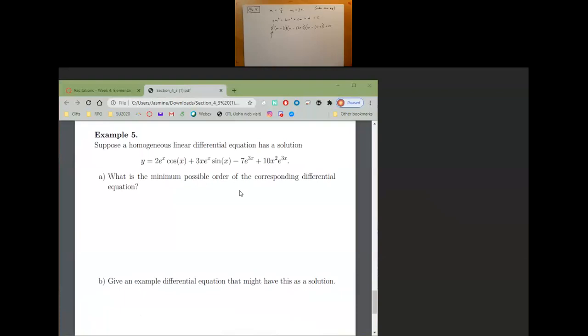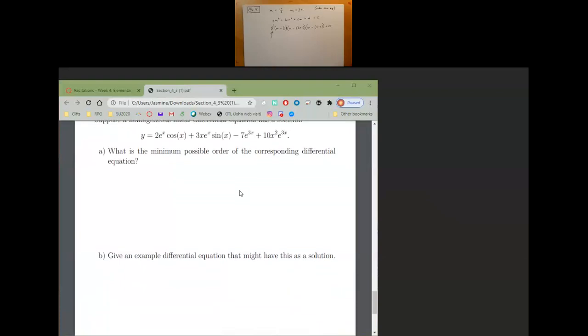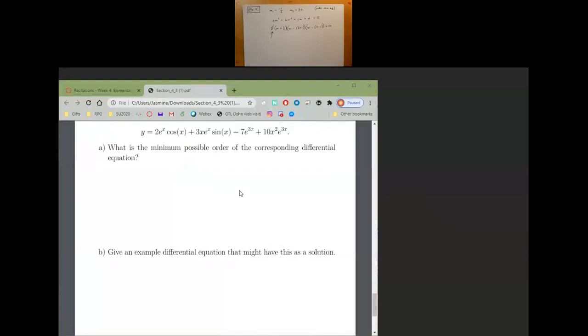But yes, so I have given an example of a differential equation that might have this as a solution. I myself did not write one out, but if I were ever asking this of you, I would only expect you to write it the way I did that previous one, just as the factored chunks. It would just be recognizing that one of the roots is 1 plus i, and so there's the implied 1 minus i.